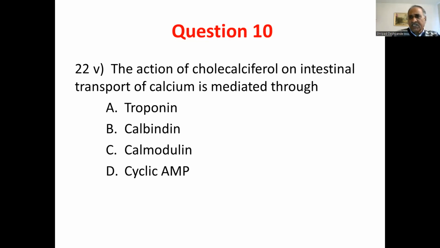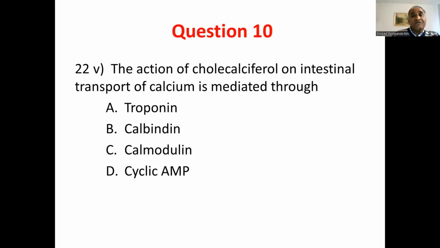Now, this question is rather peculiar because it is not the final product. 1,25 dihydroxycholecalciferol is the most potent form of this vitamin D. Cholecalciferol, vitamin D3, is converted in the liver into 25-hydroxycholecalciferol.